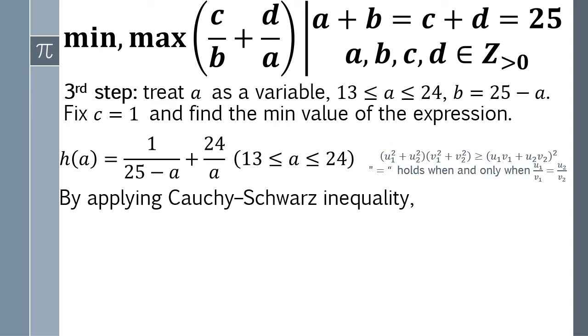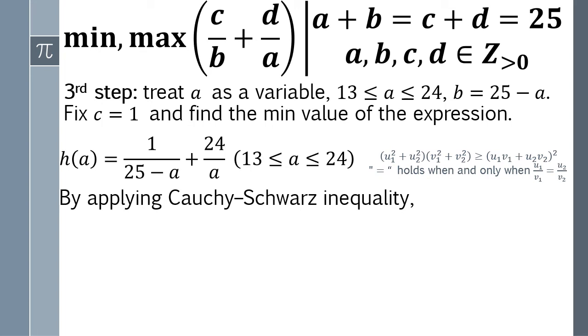To apply this inequality to find the minimum value, the key is to carefully choose u1, u2, v1, v2 so that among the three expressions in the brackets, two become constant, leaving a variable in only one bracket.